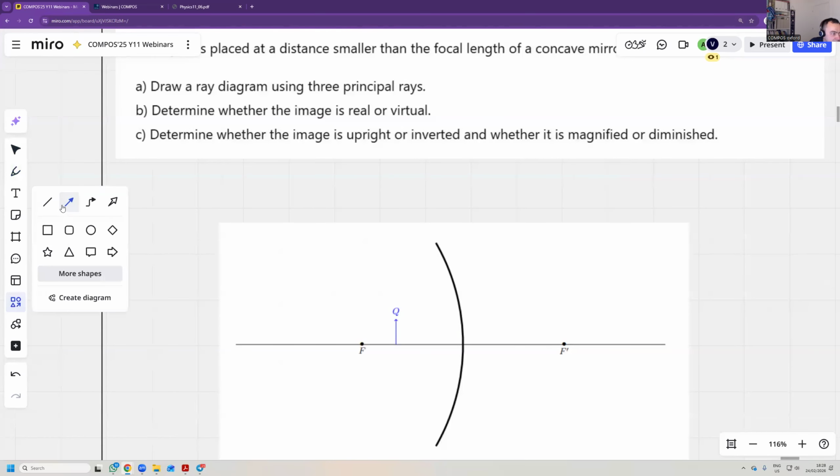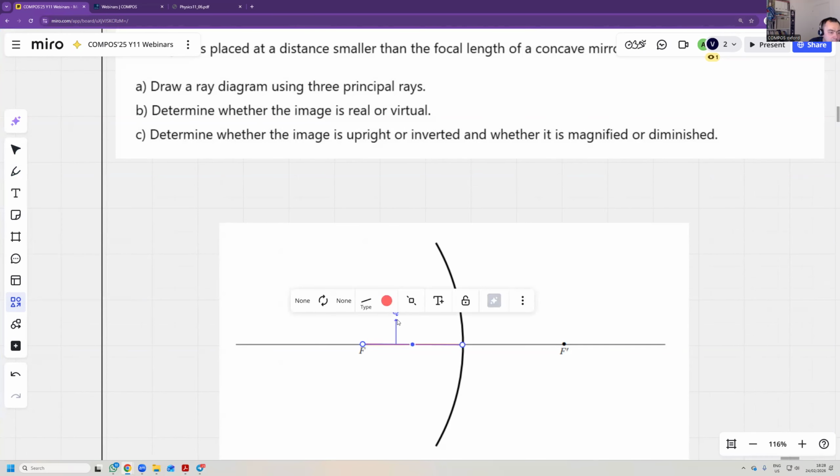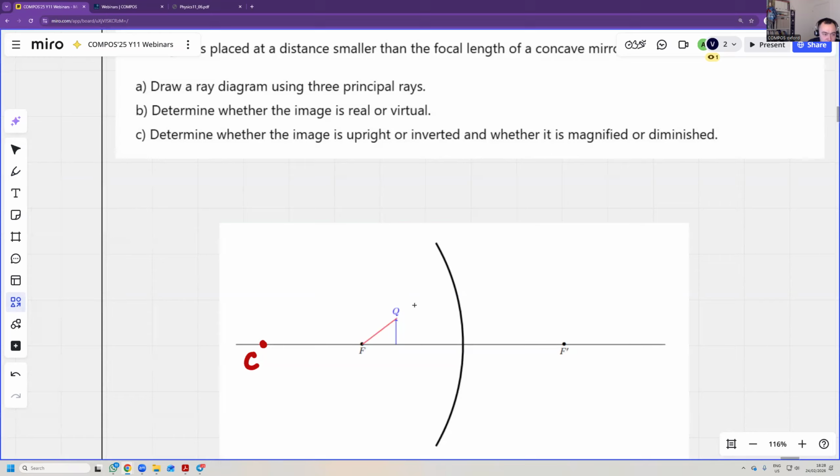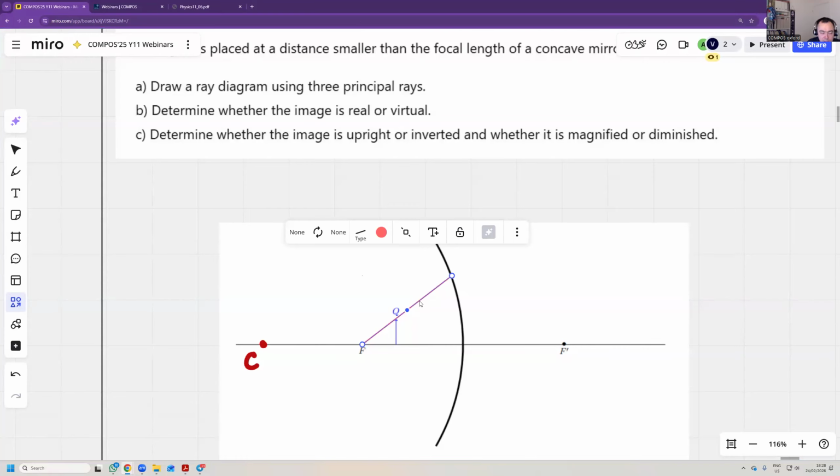So let's do this, and that's the center. Okay, we're going to use that. That's C. And now we draw a line from the focal point to here, and that comes out parallel.